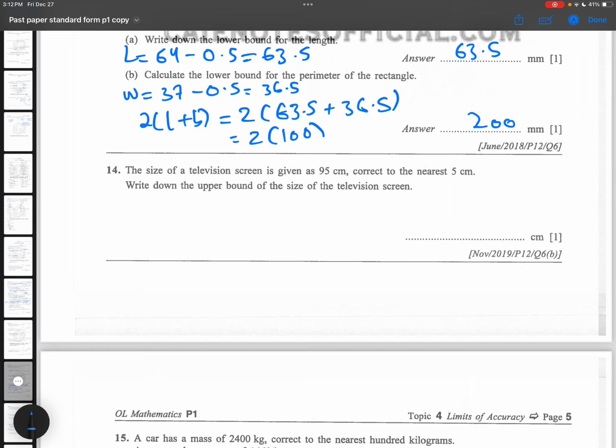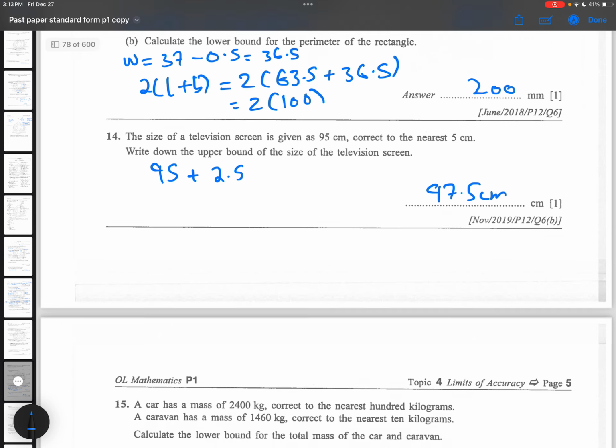Question 14 says the size of a television screen is given as 95 centimeters, correct to the nearest 5 centimeters. Write down the upper bound of the size of the television screen. If 95 is correct to the nearest 5, then the upper bound will be 95 plus 2.5, that is equal to 97.5 centimeters. This will be the upper bound.